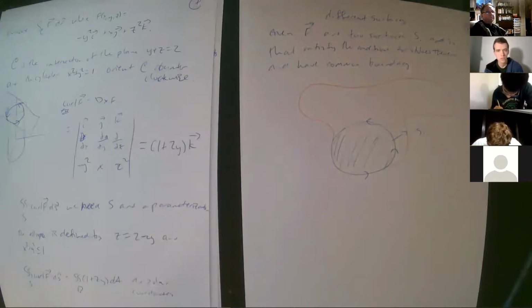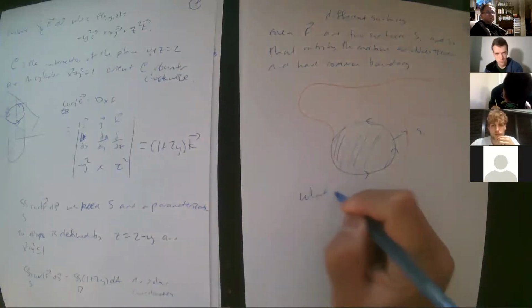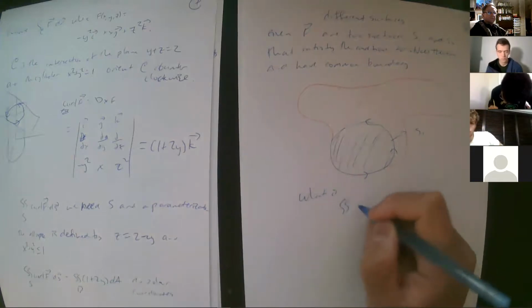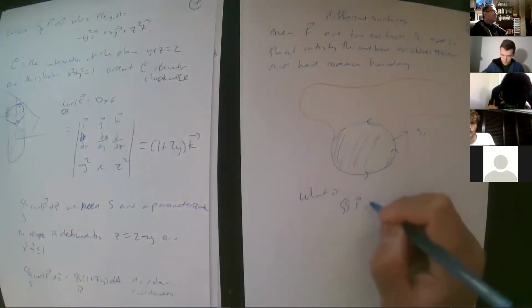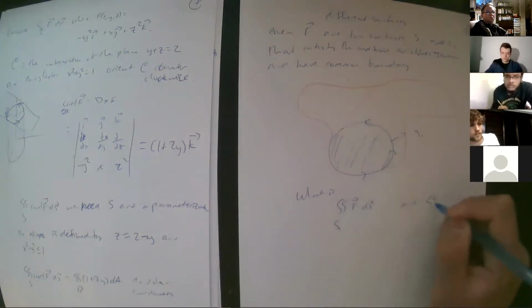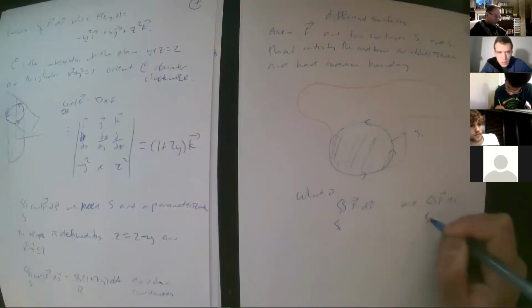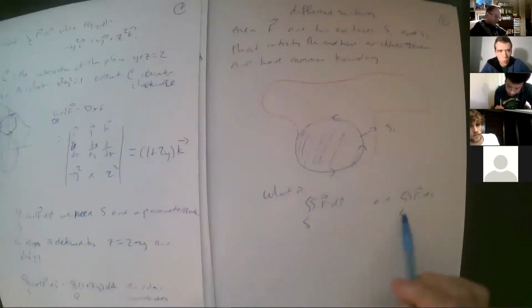They're both smooth and oriented the correct way. What is the integral of F dS on S1 and the integral of F dS on S2? How do these two numbers compare?